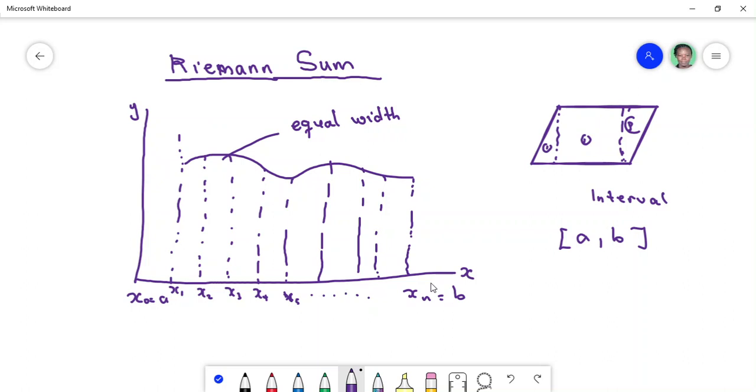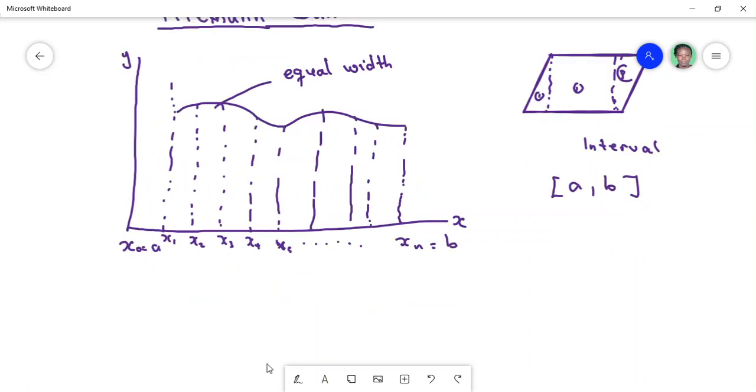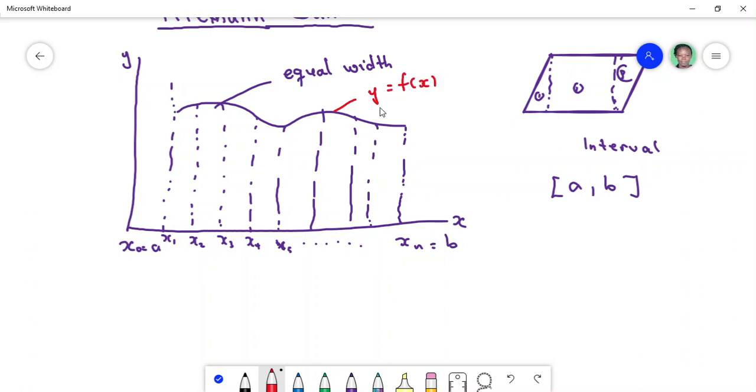So if I have a non-negative function, so let's say this curve we are looking at, the function of this curve is y, which is equal to f of x.